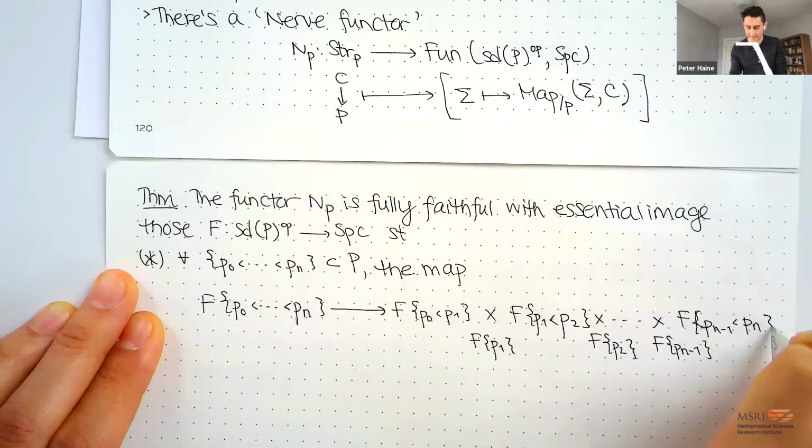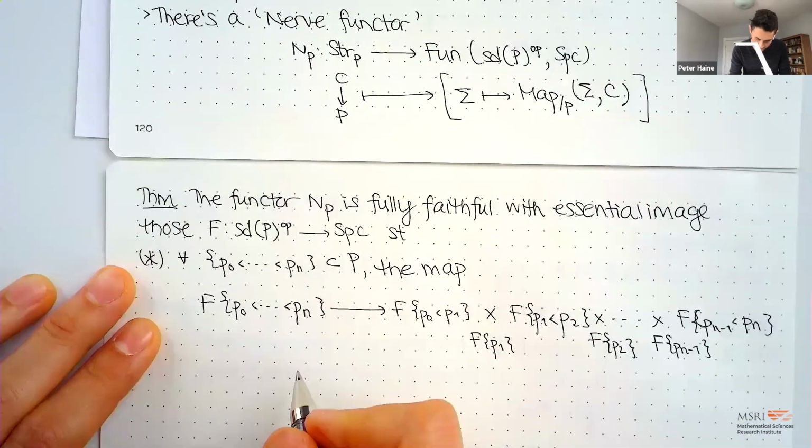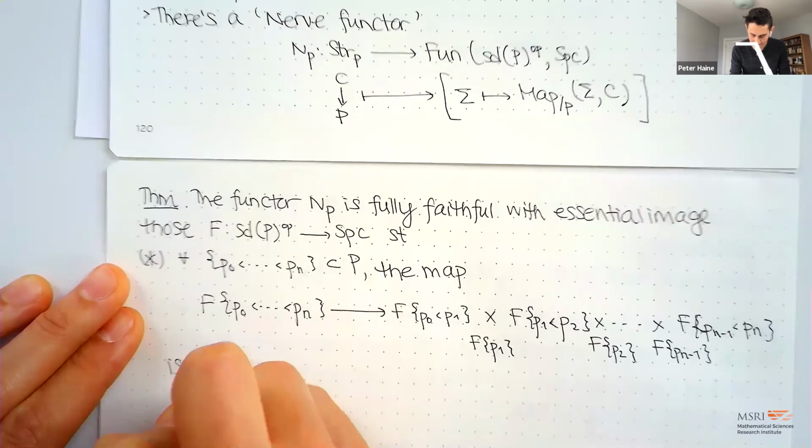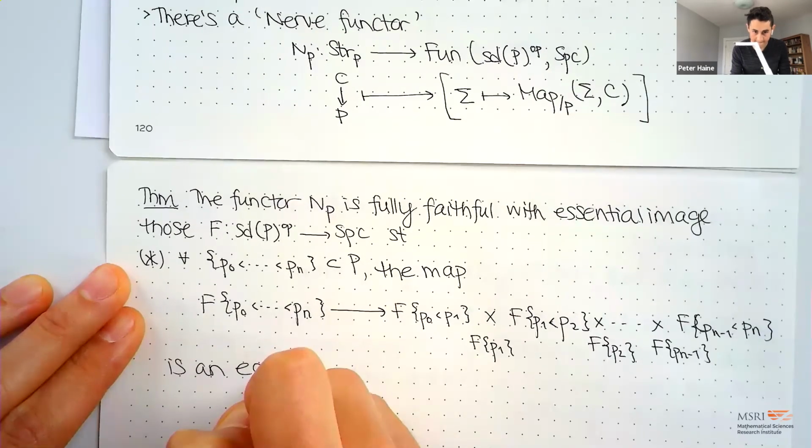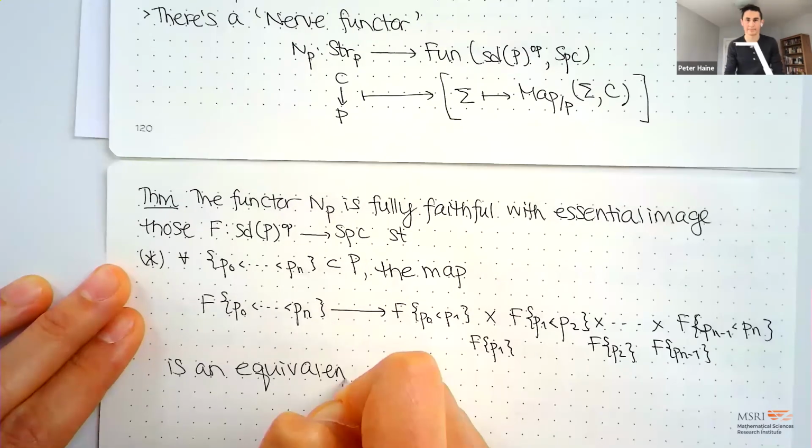So that this Segal map is an equivalence.